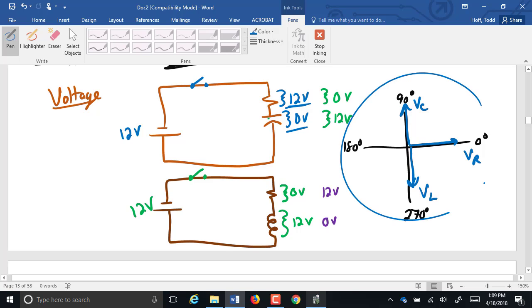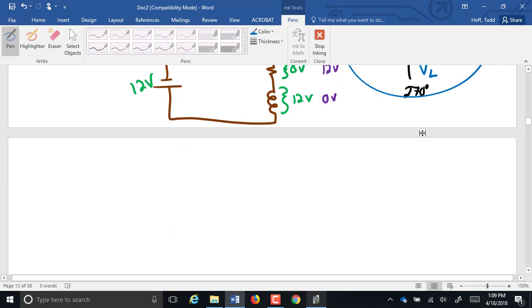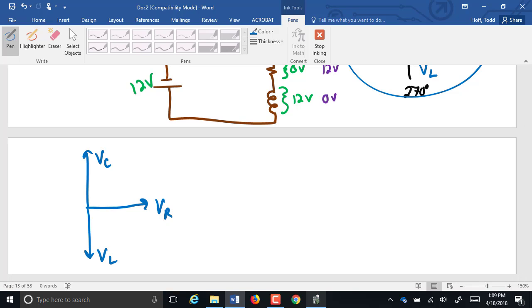So you get this graph here: voltage on a resistor, voltage on a capacitor, voltage on an inductor. Now the impedance works very much the same way, except the capacitor and the inductor would be switched. The current in the inductor trails and the current in the capacitor leads.